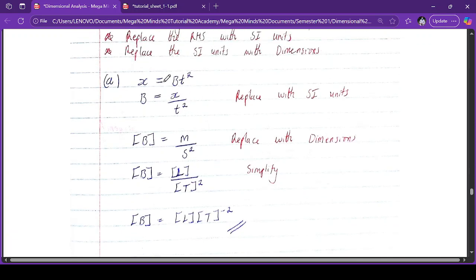For that question, if we had b is equal to x over t, then the dimensions will just be what we found, LT. But if you put a square, meaning also t, we'll have a square.